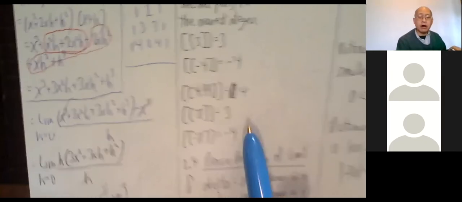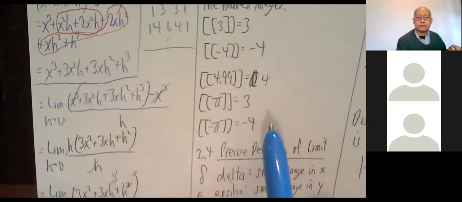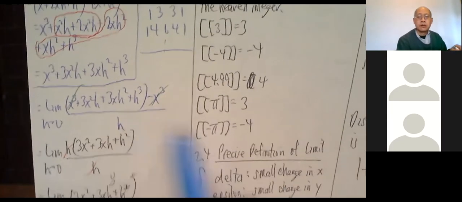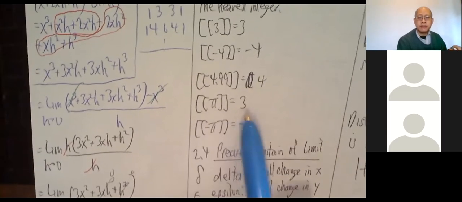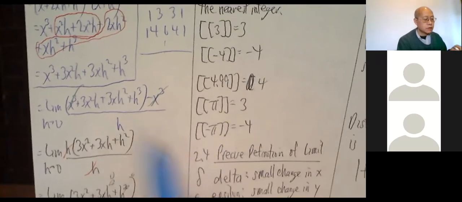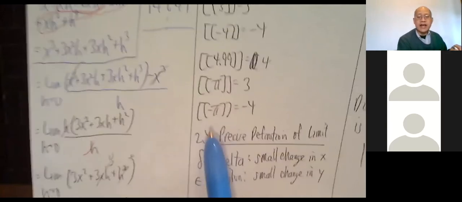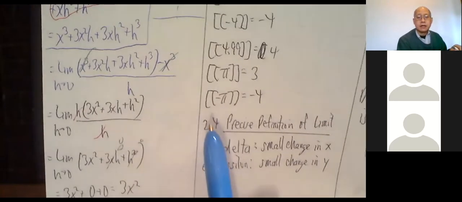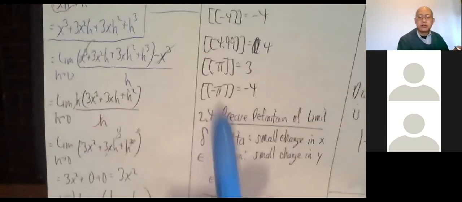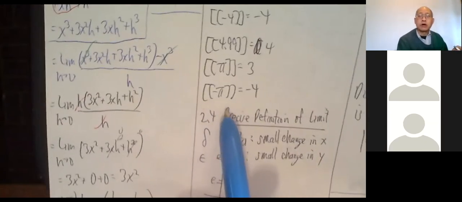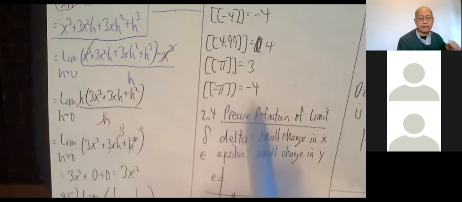You do not round off, you round down. Of pi, which is like 3.14, it's 3. Of negative pi, your gut reaction might be to say negative 3, but it isn't. Remember, you're going down. From negative 3.14, going down to the nearest integer gives negative 4.